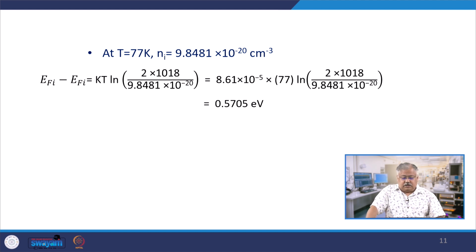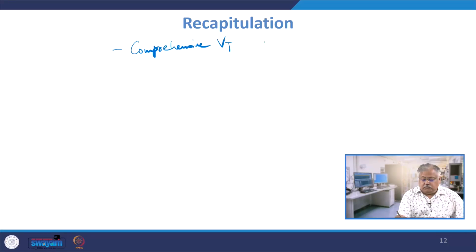With these discussions, let me recapitulate what we did in this lecture. We looked into various aspects. We took this from a research paper. I will give you the details of the research paper in the next class, or if you drop me a mail, I will send you the details. We got a basic idea about a comprehensive threshold voltage model at cryogenic temperatures.